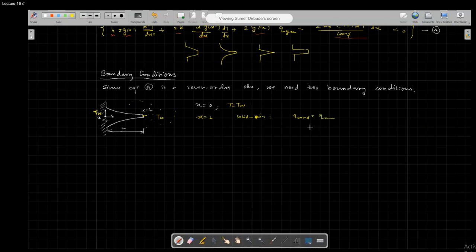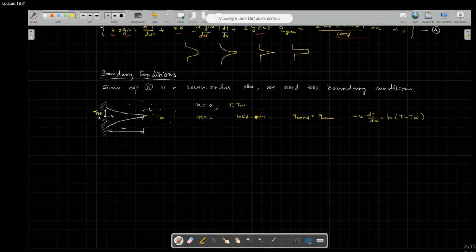So one boundary condition can be minus K dT/dx is equal to H (T minus T infinity) at x is equal to L.